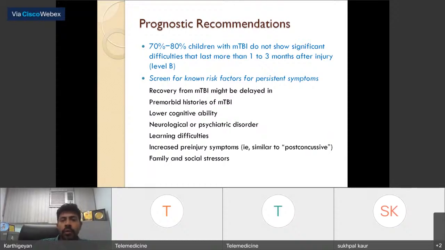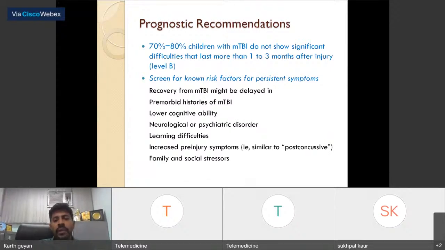Shortly, I'll just tell about prognosis in these children. I'll try to focus on mild injuries because these are the most common injuries which we see. As healthcare professionals, we should know that more than three-quarters of these children with mild injuries improve significantly over a period of 1 to 3 months. And we should always be aware of certain factors which can delay the recuperation in these kids.